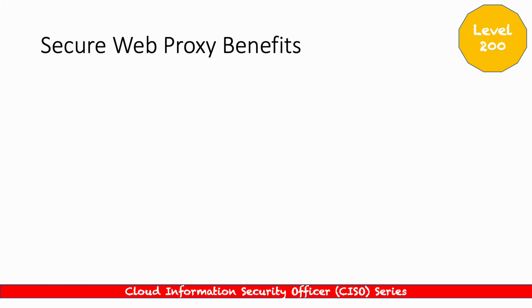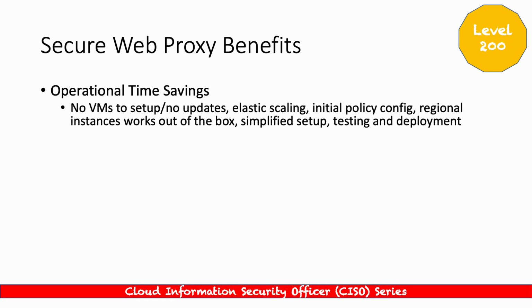Again, we already mentioned some of the benefits, but let's dive even deeper into them. First, operational time savings. If we're going to put another vendor's proxy of similar functionality into GCP, we have to set up the VPN and the VMs, we have to update them, and we have to put in solutions that allow us to scale.